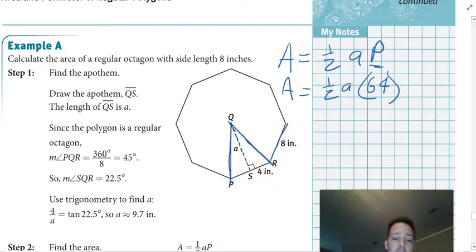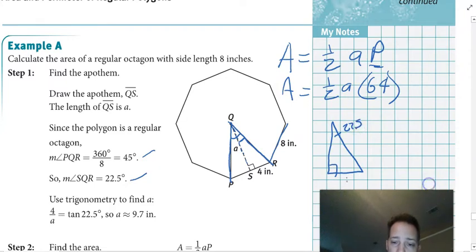From there, you would need to figure out what the central angle is and then cut it in 2 to figure out one of your angles on a right triangle. And that's what they did right here. They figured out the central angle is 45, cut it in half to figure out one of the angles on a right triangle. So they eventually end up with a right triangle where they know one of the angles is 22.5.